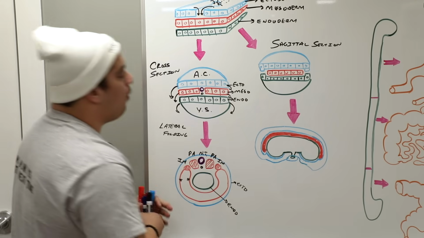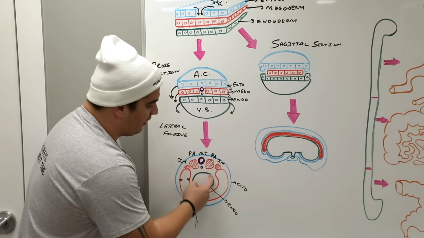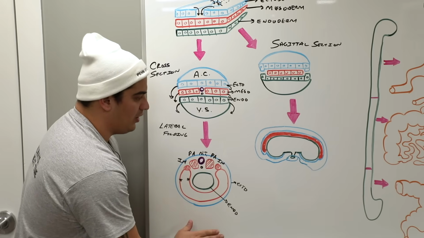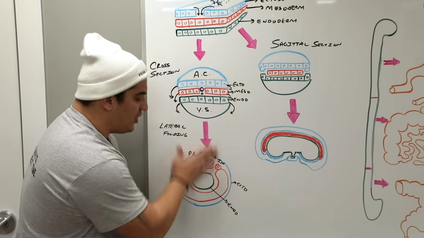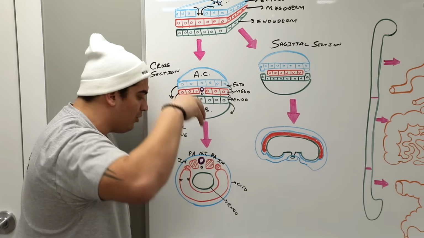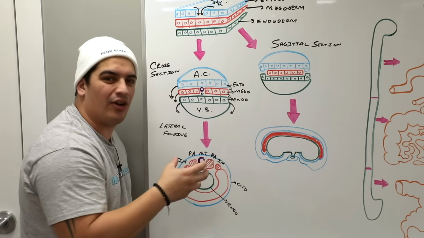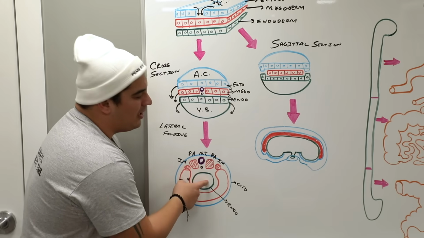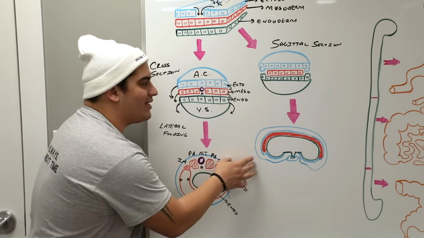Now, why this is important is you can see the configuration of that gut tube. You're only seeing a cross section of it. Because you only see just a portion of it throughout the actual length of the GI tract, it's better and easier to see the endoderm and how it really looks in a sagittal section.